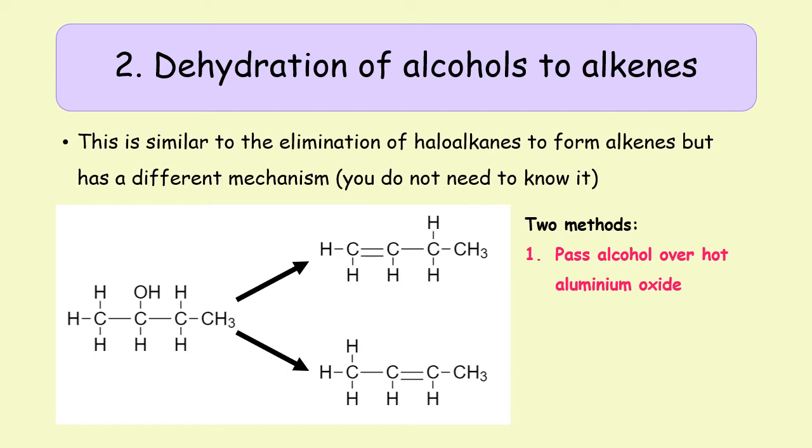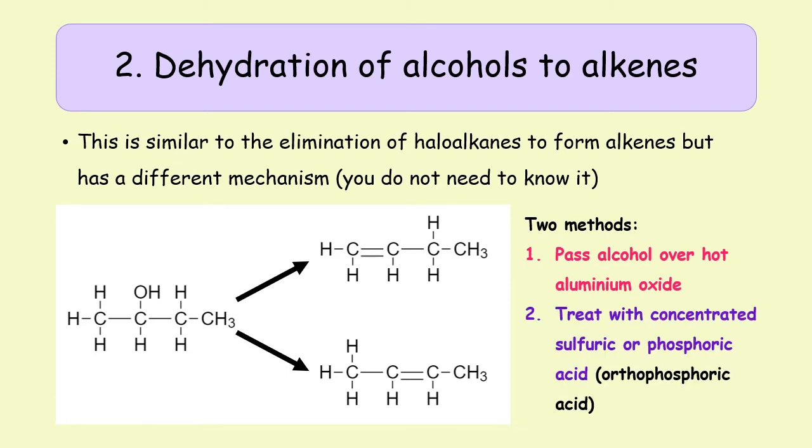That catalyst, that hot aluminium oxide, is something you need to be able to say. The second way of doing it is to treat the alcohol with concentrated sulfuric or phosphoric acid. Those concentrated acids have dehydration properties. They like absorbing water, so they will actually physically remove water molecules from alcohols to produce the alkenes.